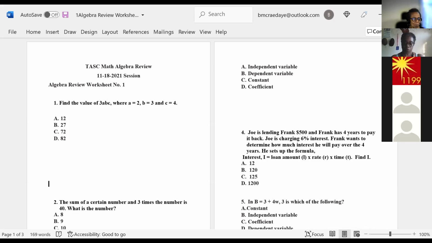A is 2, B is 3, and C is 4. So A times B times C is 2 times 3 times 4.